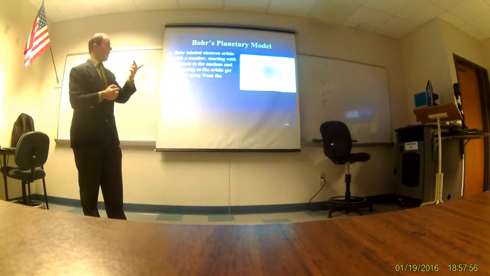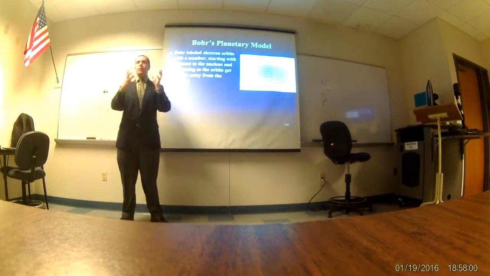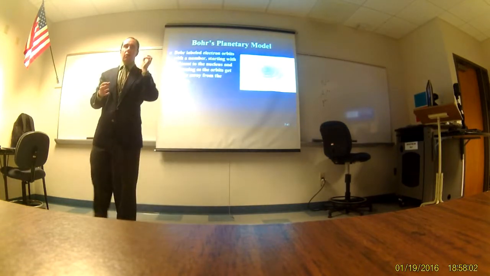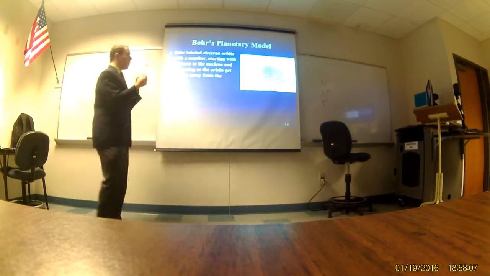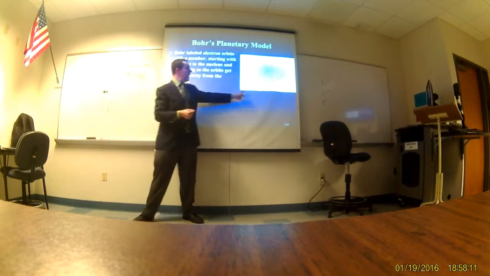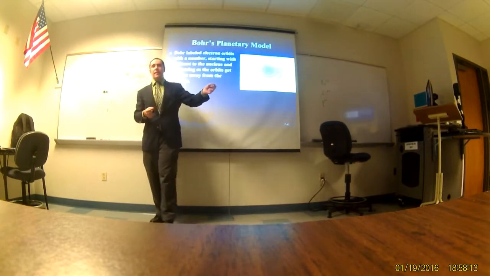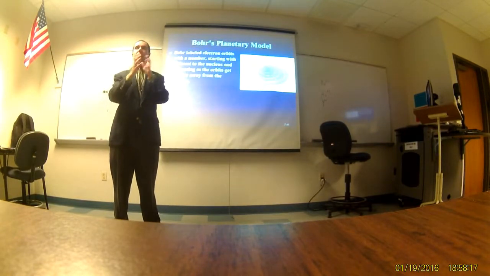And there are 2 ways that we're going to visualize electrons going around the nucleus. There's the old way and the new way. The old way is a lot easier than the new way, and in a lot of cases, it actually is the better way to think about it.